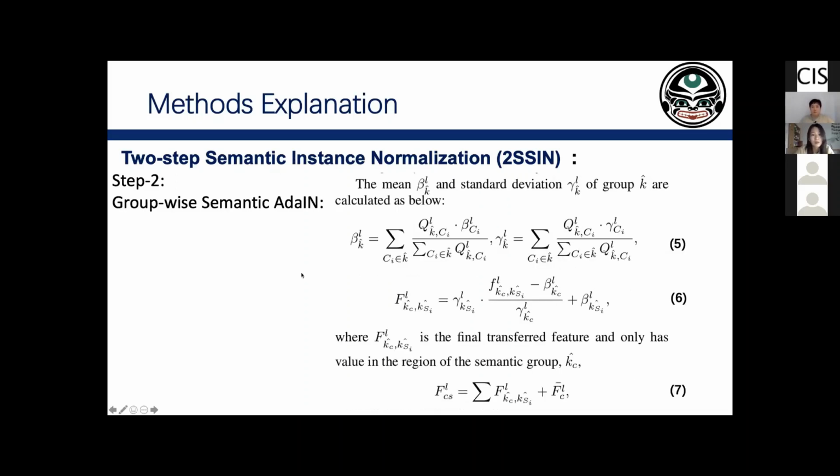The second step is group-wise adaptive instance normalization. This also considers the contribution weights of each channel, but it is group-wise. It sees the object as a whole, so it calculates the statistics from the group-wise perspective.